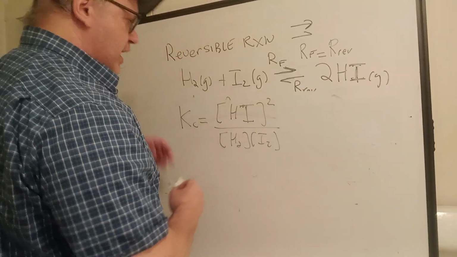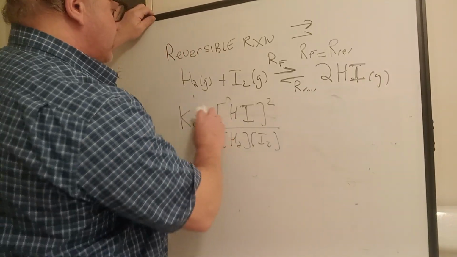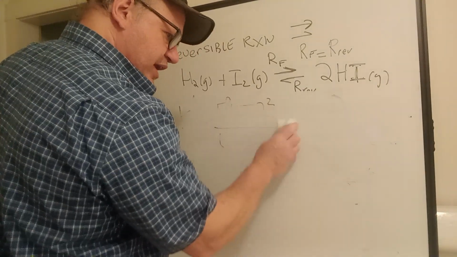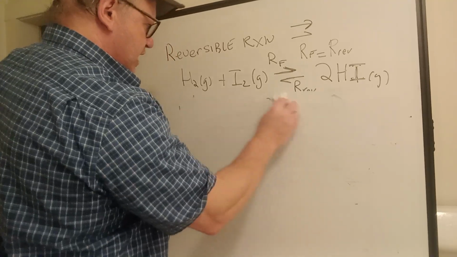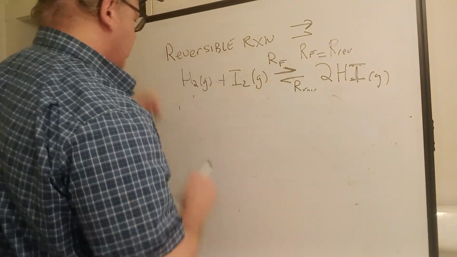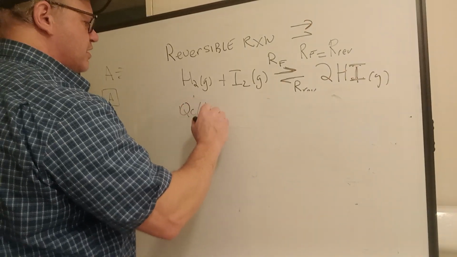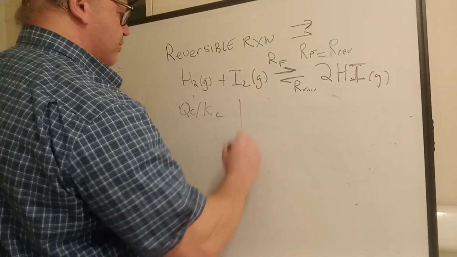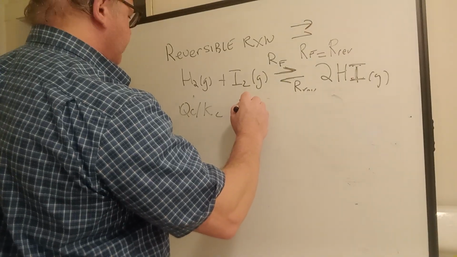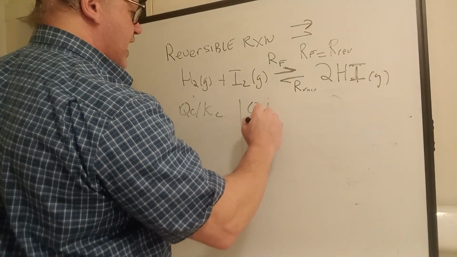So on page 2, there's a nice summary. It says the input: we have here QC, Kc, and then QP, Kp.